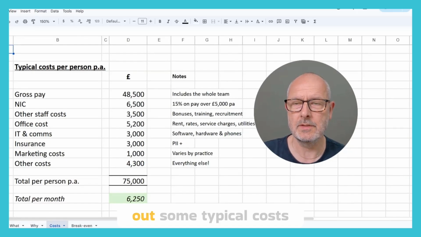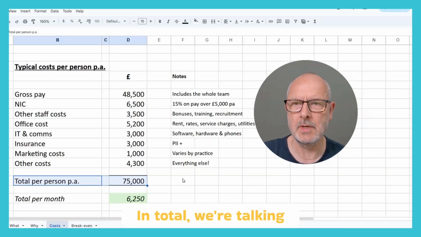So here I've laid out some typical costs for one person in a practice. In total, we're talking about £75,000 per person per year, which is £6,250 per month.